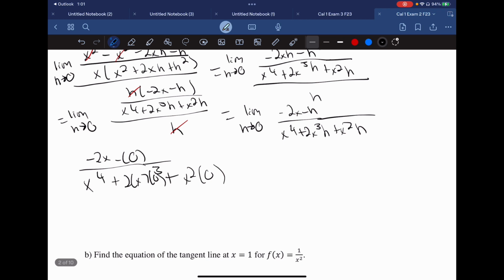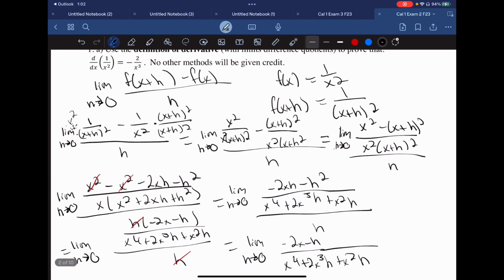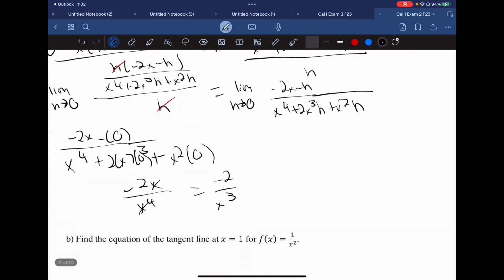So then you'll just be left with negative 2x over x to the fourth, and then one of the x cancels out, so it's going to be negative 2 over x cubed, which is going to be your final answer.